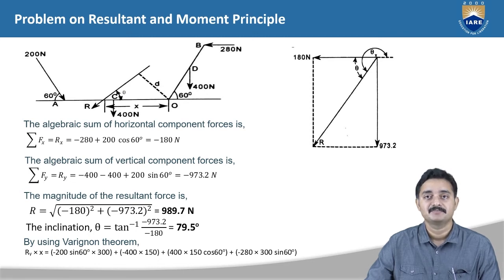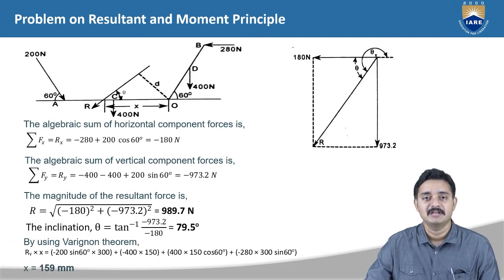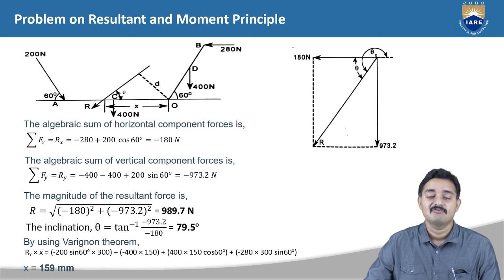Solving this equation, we get x is equal to 159 millimeters. Hence, the magnitude of the resultant is 989.7 newtons acting at an angle of 79.5 degrees and at a distance of 159 millimeters from the point O.